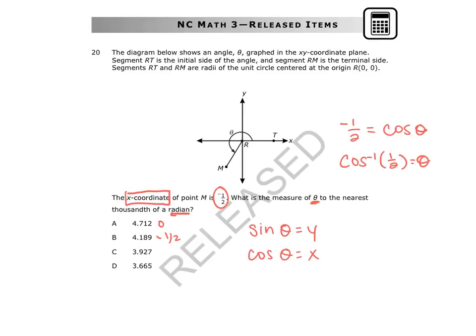So that's going to be our guy right there. I'm just going to tell you what these other values came out to be just to show you. 3.927, that gave me negative 0.707. And 3.665, that gave me negative 0.866. So B has to be your answer.